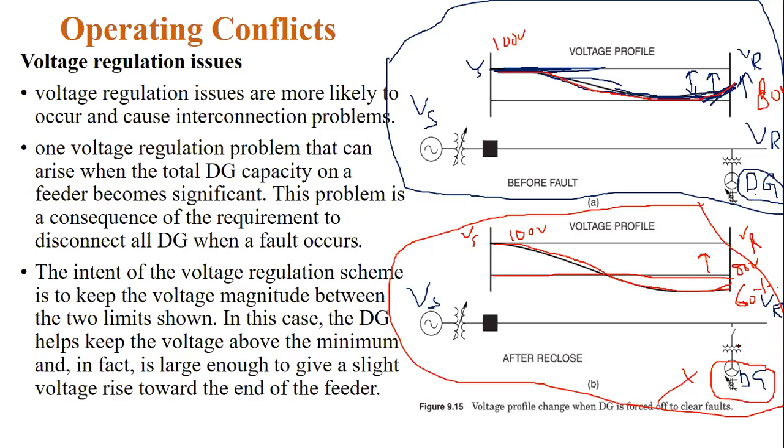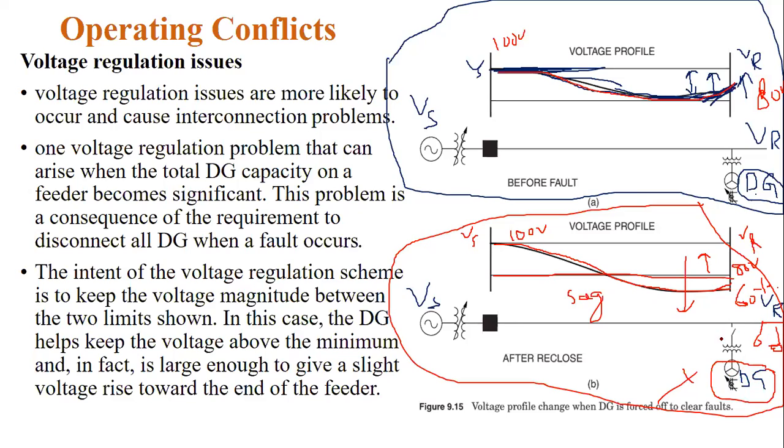So what will happen here? The receiving end voltage falls down. This may lead to voltage sag in the system. Why? Because a huge amount of loads are already connected to this feeder. One of the sources is suddenly disconnected.